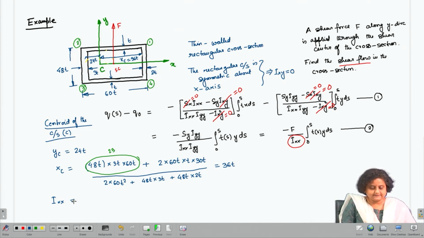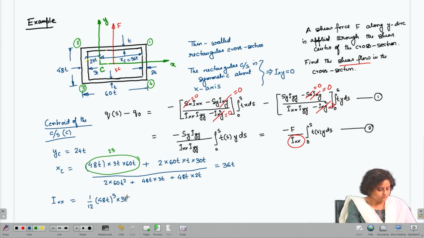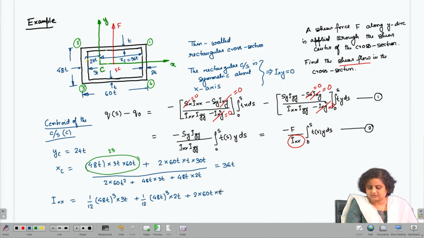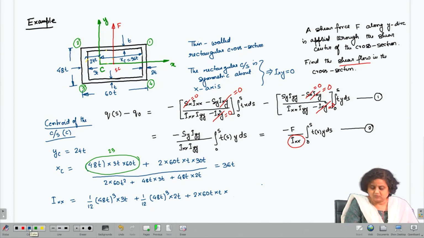If I find out the I x x, it is going to be 1/12 into 48 t whole cube into 3 t, plus 1/12 and so on, plus this is going to be 30 t minus 36 t, sorry, this is going to be 24 t whole square.